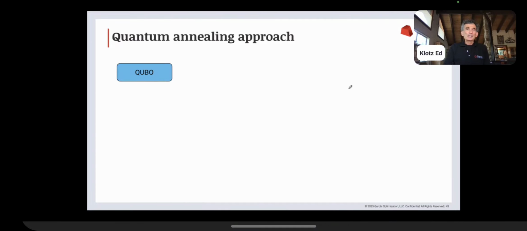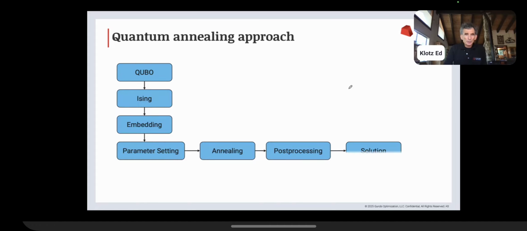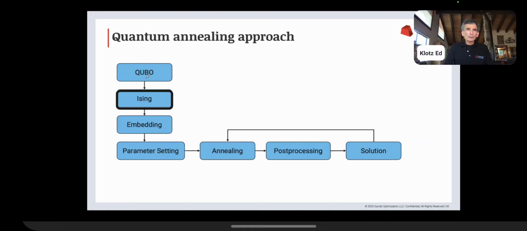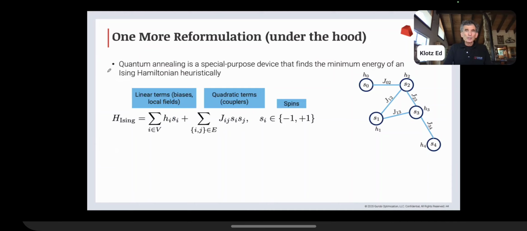That's not always the case, and it's useful to have a peek under the hood as to what's going on, because it can help you get more mileage, just as the same is true with a branch and bound solver like Gurobi. So here's the underlying process. The first transformation from a QUBO to an Ising model is pretty direct, and we'll touch on it, but it's not that critical. But let's do that real quick.